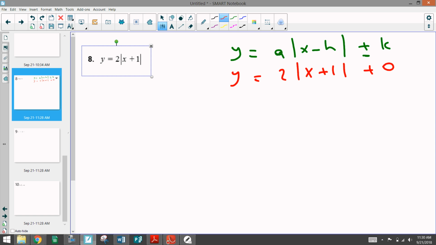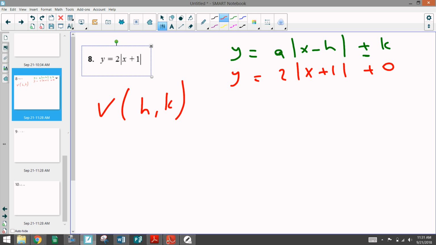Because we don't have k. That means it's going to stay on, where is that? X equals 0. Yes, and the vertex formula is this, h comma k, without graphing. If I graph, that'll be easy to see, because you'll see the corner and then just figure out the coordinates, or the pairs. But now we don't have the graph.